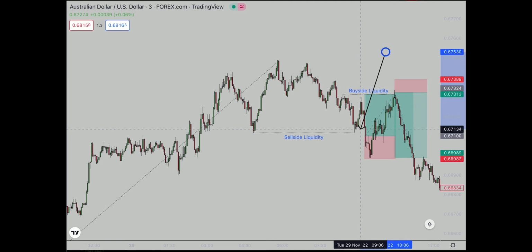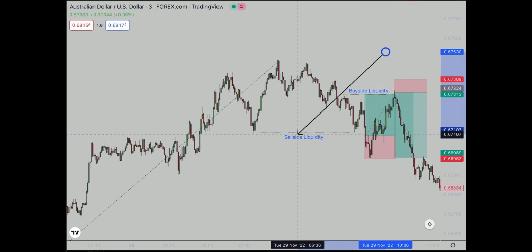Okay, so right here we create equal lows, which means you could anticipate them being taken out, because sometime or another they will be taken out.